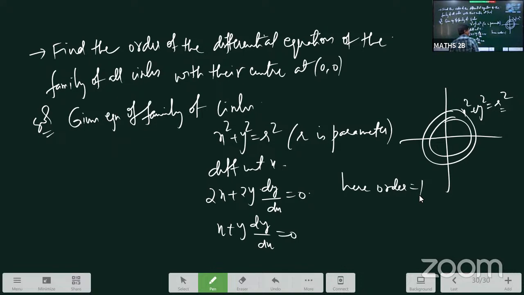Highest derivative is 1 and degree will be still 1 only because the power of this. So degree is 1, order is 1.